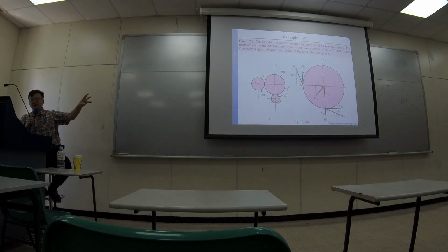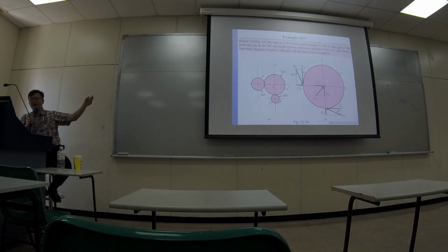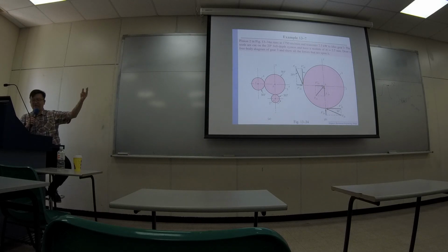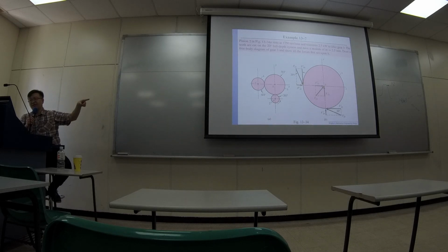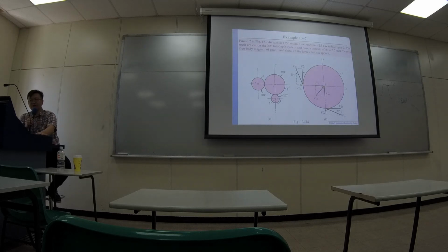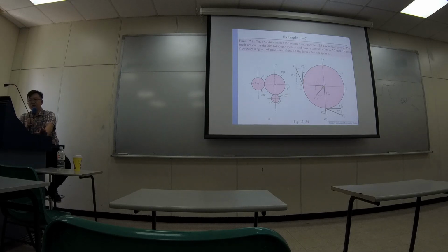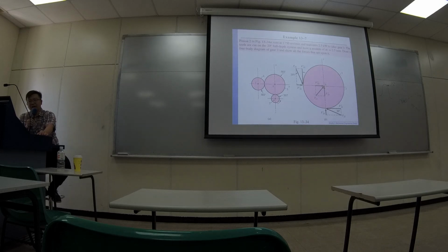So for gear 3 itself, the force is being applied from both sides by the pinions. At the center of gear 3, there are going to be reaction forces. In this kind of situation, you have to do real calculation to figure out whether there's balance of force and also balance of moment.